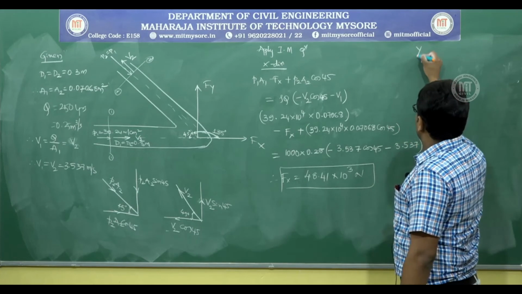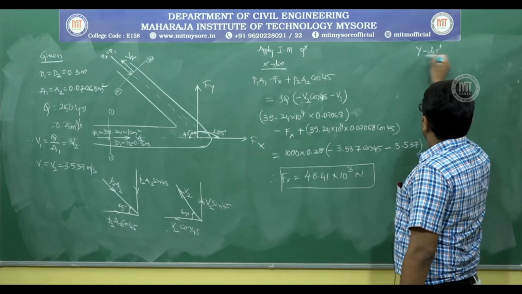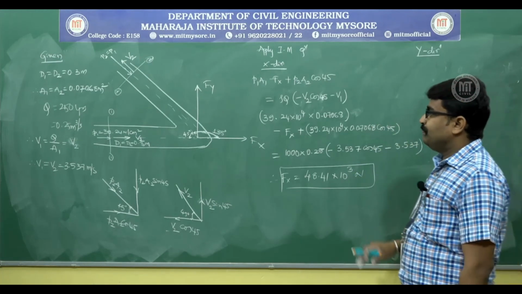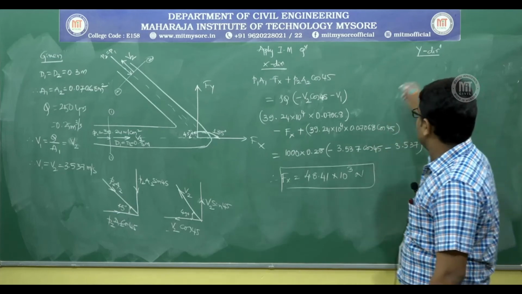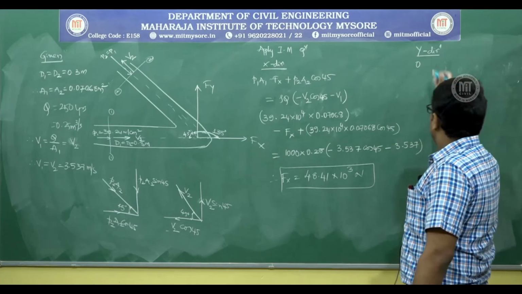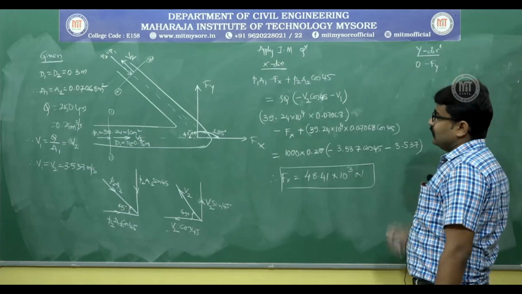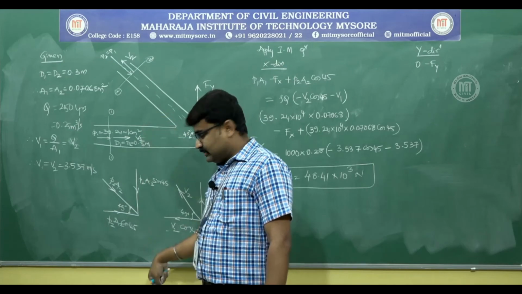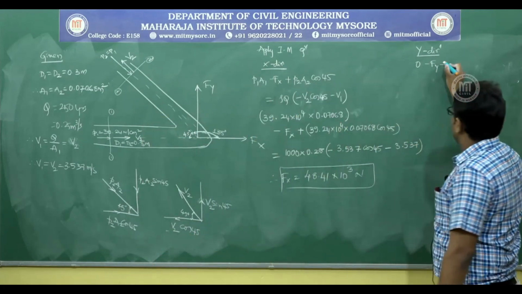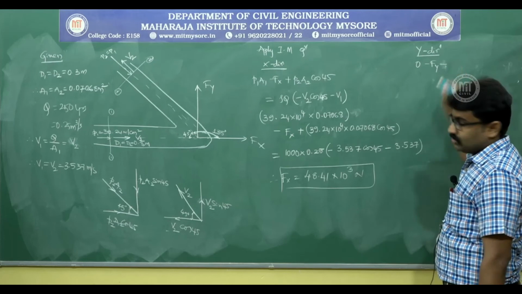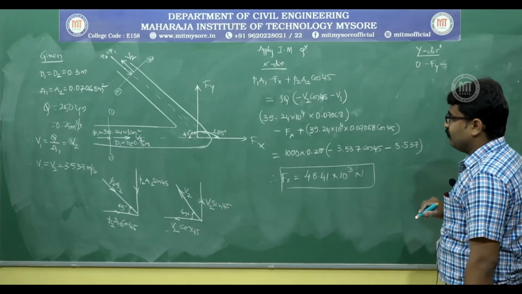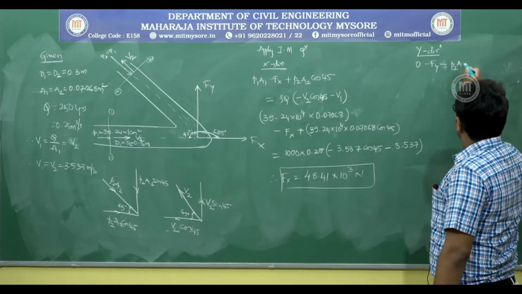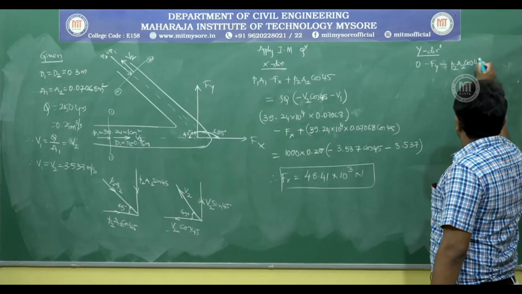Now, applying the impulse momentum equation in y direction. What are all the things you have in y direction? The P1 A1 component in y direction will be 0, minus Fy, and then you have the component of P2 A2 in y direction, which is coming downwards. Coming downwards is negative for us. Then you have P2 A2 cos 45.